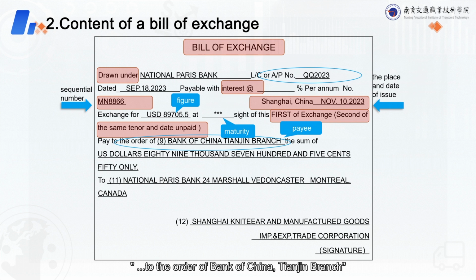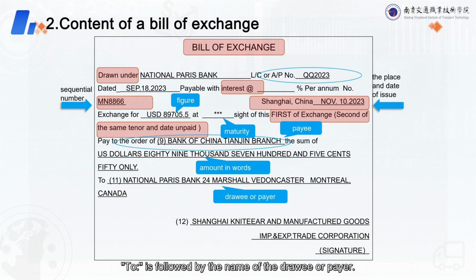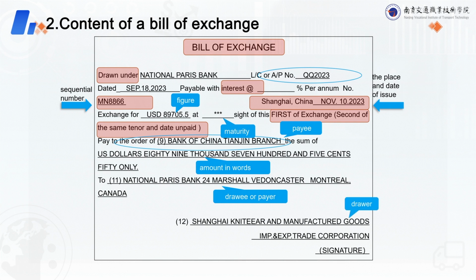"To the order of Bank of China, Tianjin branch" means the payee can be either Bank of China, Tianjin branch itself, or the other party designated by it. "The sum of" is followed by the amount in words. "To" is followed by the name of the drawee or payer. Finally is the name and the signature of the drawer.